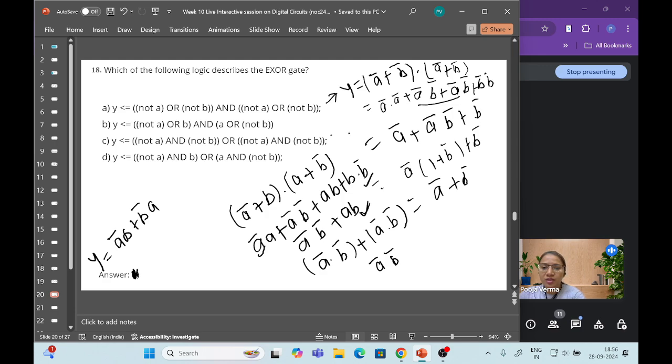So option C is also not correct. Now we can see option D. Option D is not A, that means A dash and B, plus A not B. So it is the logic expression for the XOR gate, which we already know. That's why option D is the correct answer for this question.